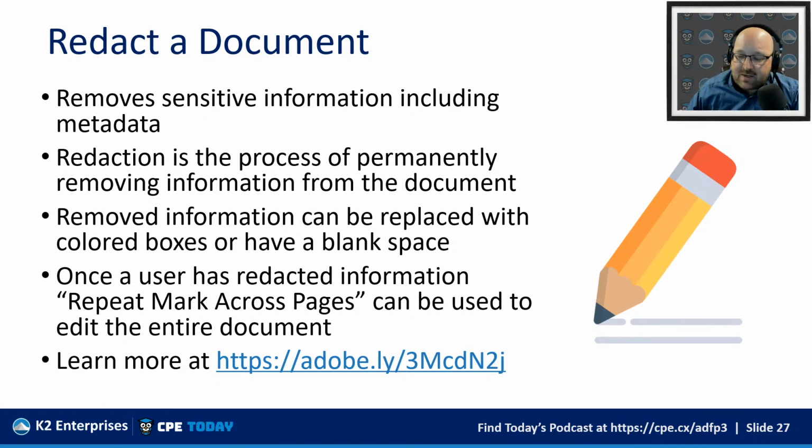The way I like to think about it, it's like if you took a Sharpie and highlighted over a part of a physical document and then photocopied it, that document is permanently redacted. What's also kind of cool about this is you can search across the document for specific types of data like credit card numbers or social security numbers. So if it's a big old document, you don't have to go page by page.